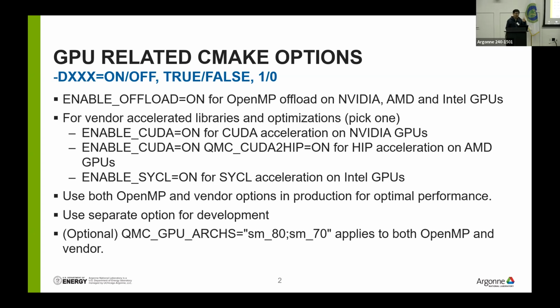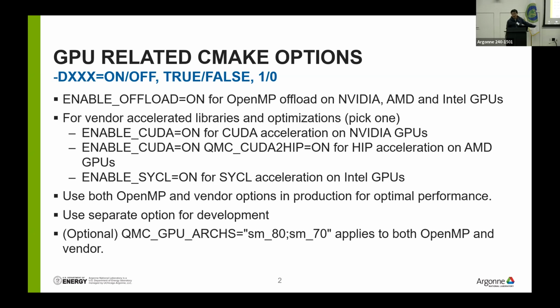And in detail, when you run on specific GPUs, our CMake will try to guess what version of GPUs you have. You have Volta, you have Ampere or Hopper. So we will try to make a guess, but at the moment, if we fail to guess, we will stop and ask you to input this QMC_GPU_ARCHS. Most of the time, I assume your compute node has only one kind of GPU, but on machines where you have mixed nodes, like one partition with A GPU, the other partition with B GPU, you can specify them together.